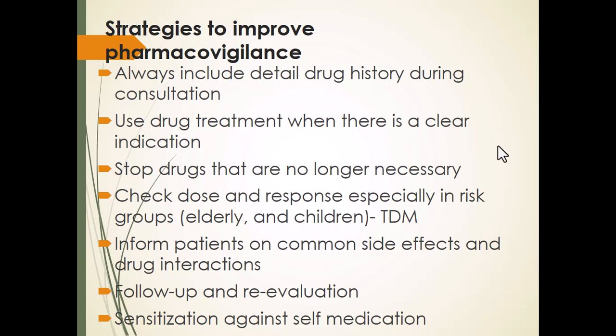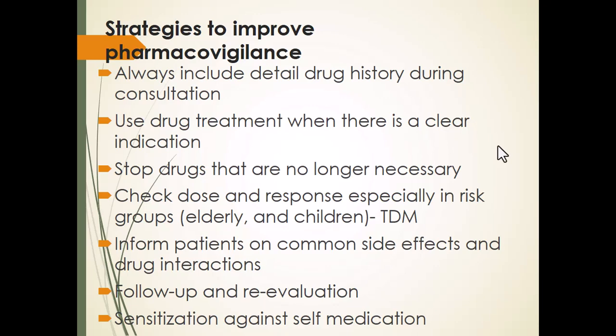So what are the strategies for us to improve pharmacovigilance? Always include detailed drug history during consultation. Use drug treatment when there is a clear indication. Stop drugs that are no longer necessary. Those drugs that are obsolete, you stop using them.